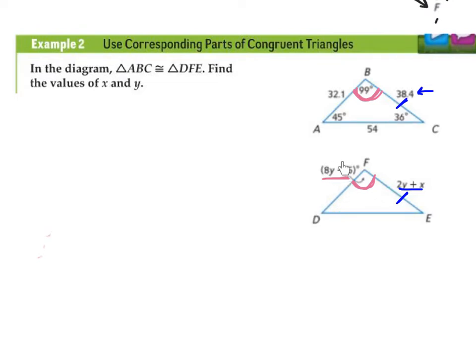So I'm going to start with this one first because I don't know what either y or x are yet. So I need to get one solved for before I can solve for the other. So just like we said earlier, angle F, which is 8y minus 5, is equal to 99.